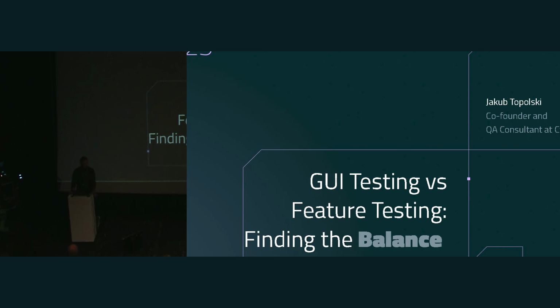And no matter what company that was, no matter what industry that was, all of these companies, they wanted to have a really robust, reliable GUI test. But what does it mean, GUI testing? And I noticed that for many companies, this means something different. There are some common parts and there are some differences.